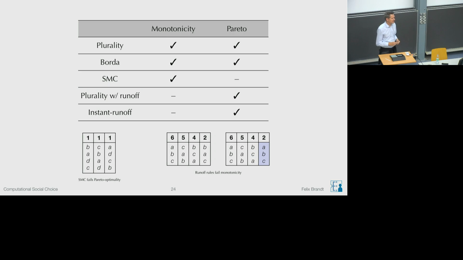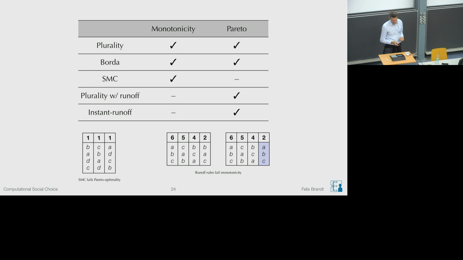So this axiomatic study in social choice is a bit similar to what people usually do in computer science, because the analysis of algorithms is sometimes also criticized for focusing, to a large part, on the worst case. So what's the worst case that can happen? The worst case running time, for instance, for an algorithm. Whereas here, usually we are also concerned with worst cases. So if something can happen, it's bad. And we want to rule out completely that an axiom can be violated.